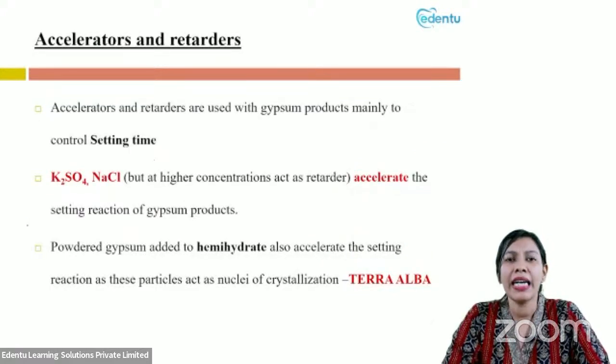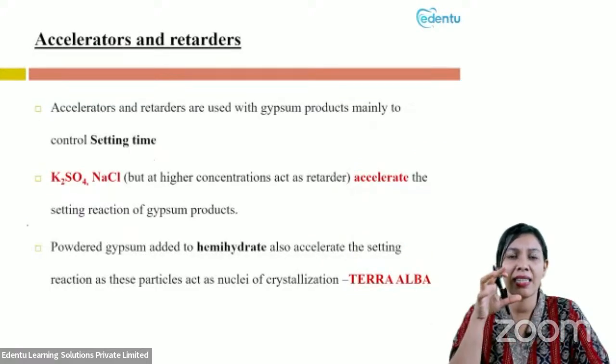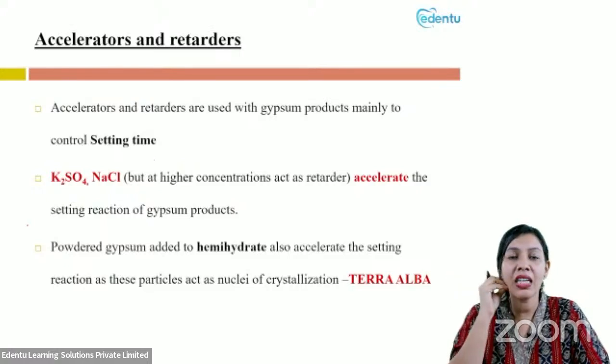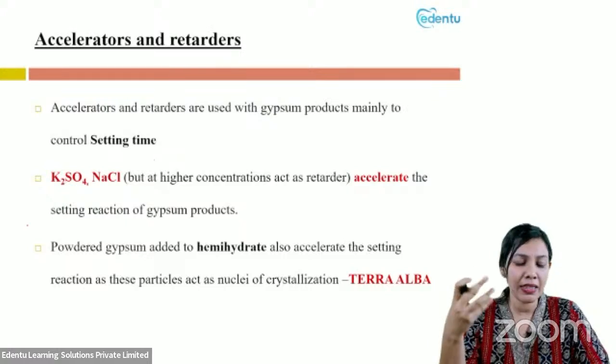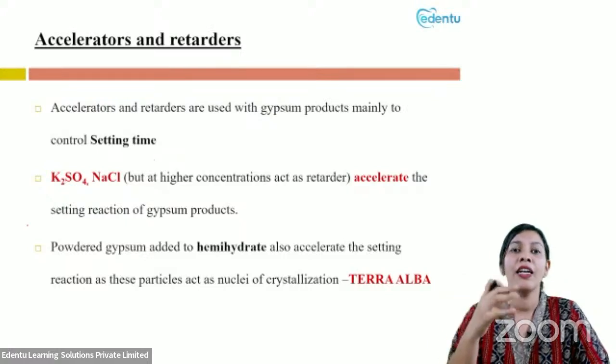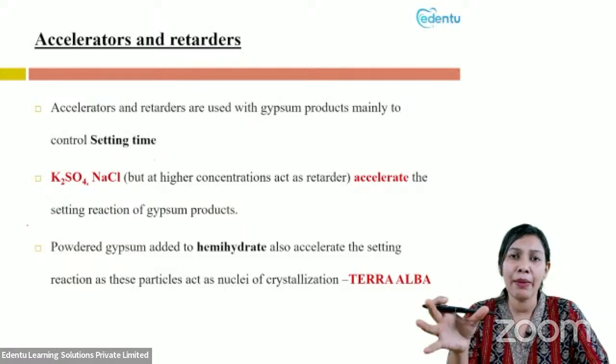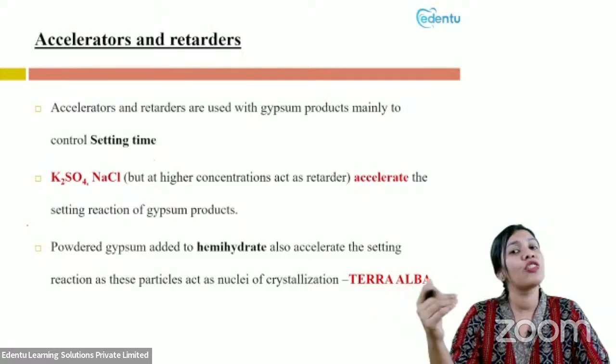Now we need to study some headings like accelerators and retarders, which is a most commonly used question. These are substances which, by adding, we can enhance the setting reaction, or retard or decrease the setting reaction.